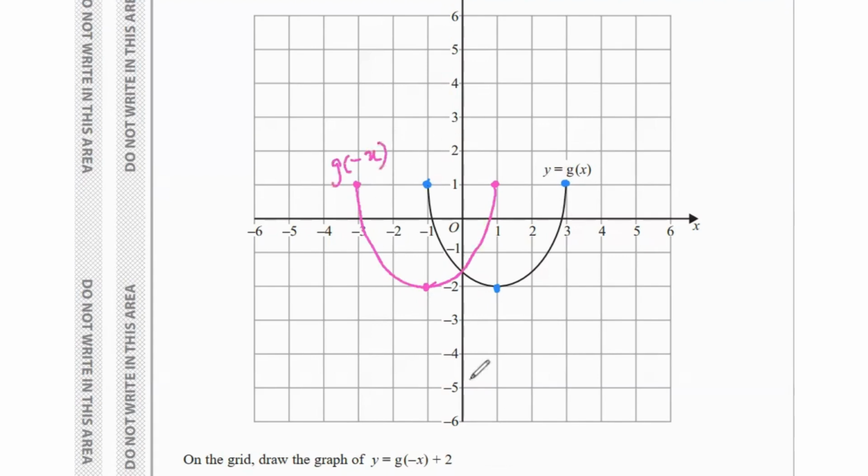Now, plus 2, so that means we move this graph 2 units up. So for 2 units up, negative 2 will come over here, 1 will come over here, and this one will come over here. So this is g of negative x plus 2.